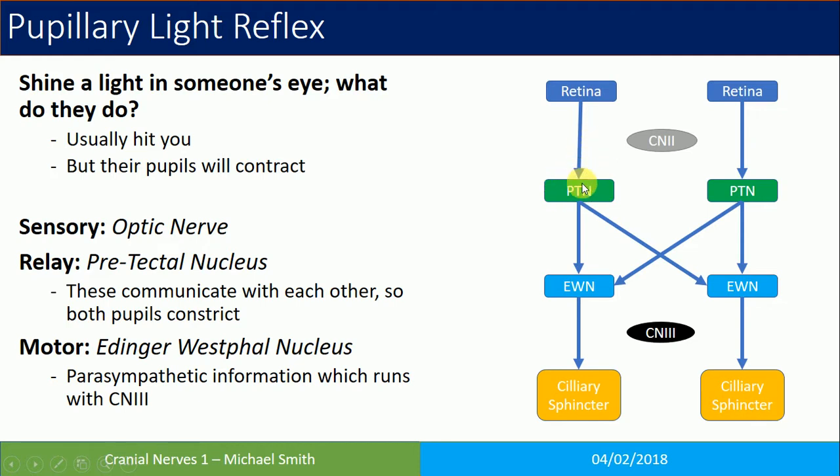The pretectal nucleus then sends information to both the left and right Edinger-Westphal nuclei, which carry information back along our cranial nerve 3 parasympathetic part to the ciliary sphincter, which causes your pupils to constrict. And obviously this works in the same way. If you shine light on the right hand side, it goes to the retina along cranial nerve 2 to the pretectal nucleus and communicates on both sides. So you get this constriction on both sides.